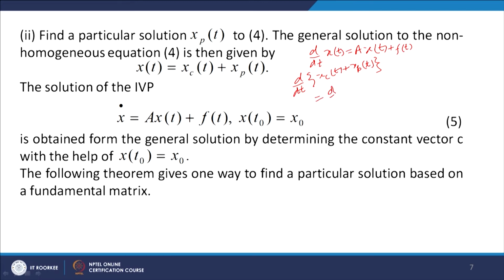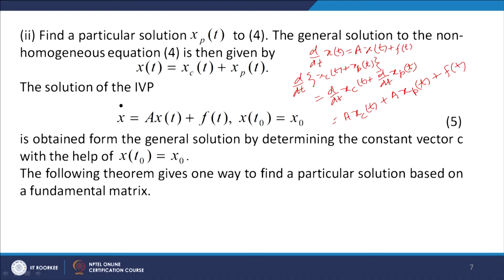We know this is d/dt of xc(t) plus d/dt of xp(t). Now, xc(t) is the general solution of the homogeneous system dx/dt equals Ax(t), so d/dt of xc(t) equals A xc(t). And xp(t) is a particular solution of this system 4, so d/dt of xp(t) will be equal to A xp(t) plus f(t).